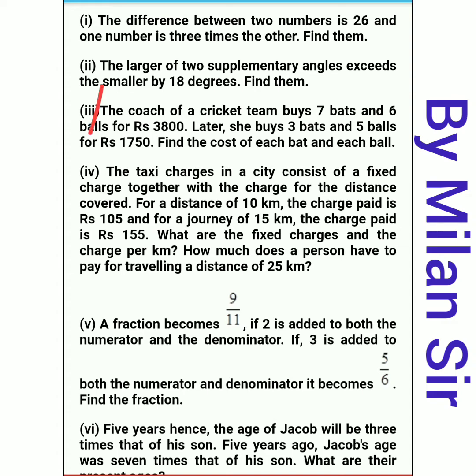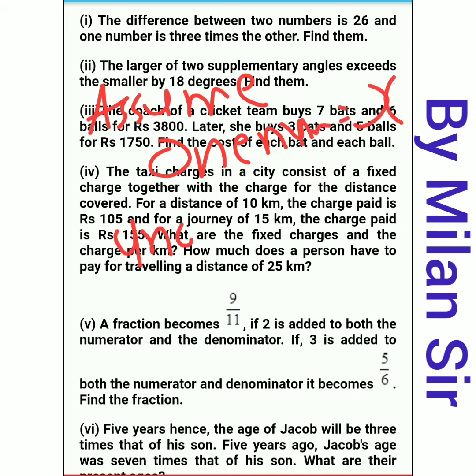So assume one number is equals to x and another number is equals to y. So our two variables x and y, one number x, another number y. We can also assume that our big number is x.